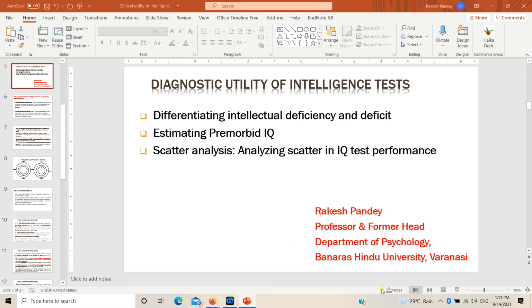So how can we estimate the premorbid IQ, and then, using this information, how do we use scatter analysis to infer clinically and diagnostically useful information? These are the three topics that I will cover today.